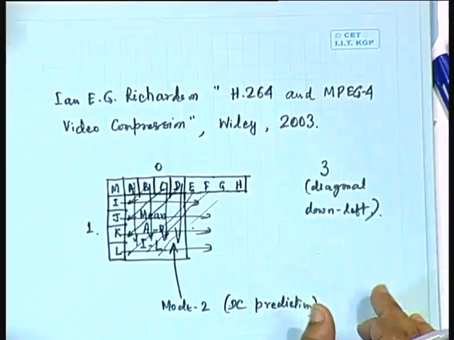If you have predominance of horizontal stripes, go in for mode 1 propagation. And if you have some kind of diagonal stripes, go for mode 3. So, like this it is to be decided.